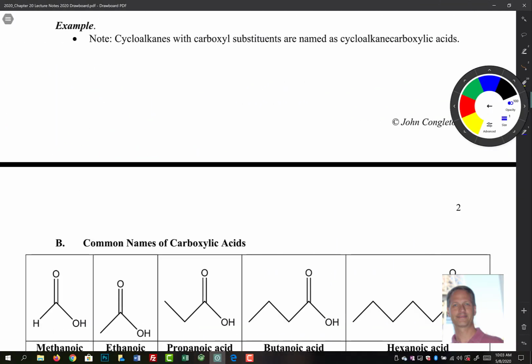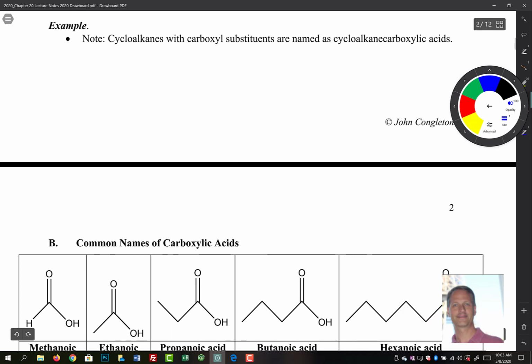Now, ring systems, cycloalkanes in particular, will be named as cycloalkane carboxylic acids. So let's take a look at a simple example here with you guys. 5 carbons, so that's cyclopentane, right? And then we're going to put off of this a carboxylic acid.